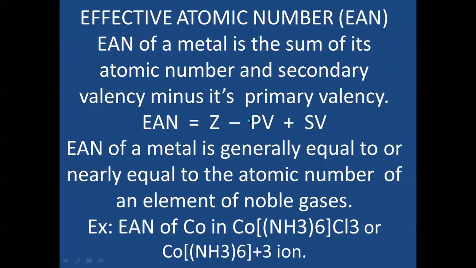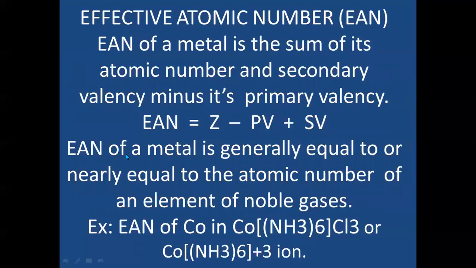Okay? This is called EAN, and the formula is Z minus PV plus secondary valency. And secondary valency is twice the number of pairs of electrons which it accepts from the ligand.